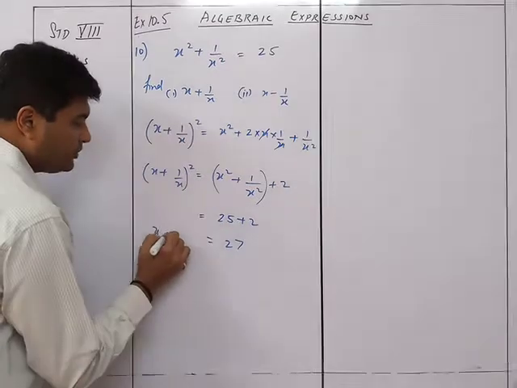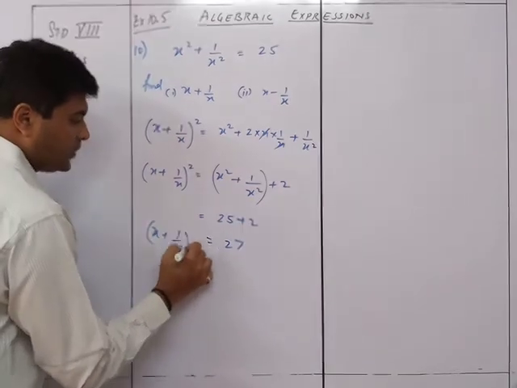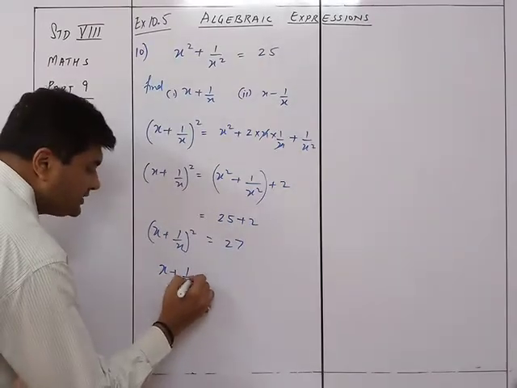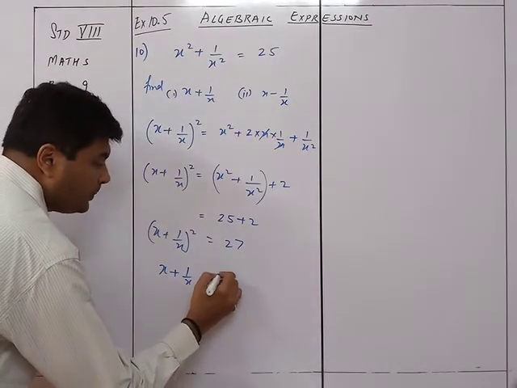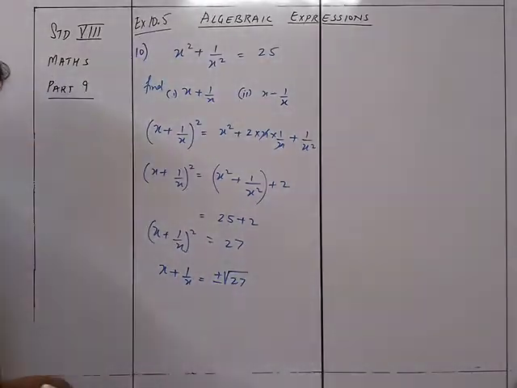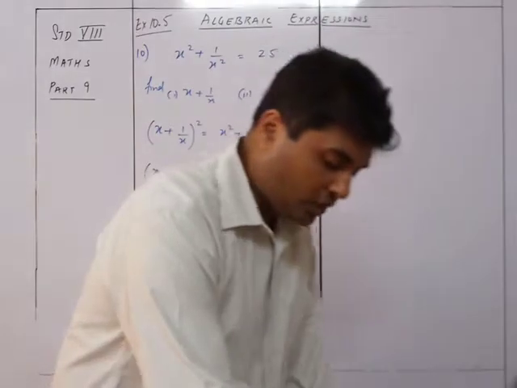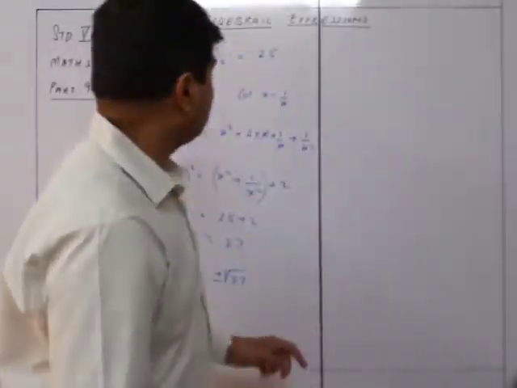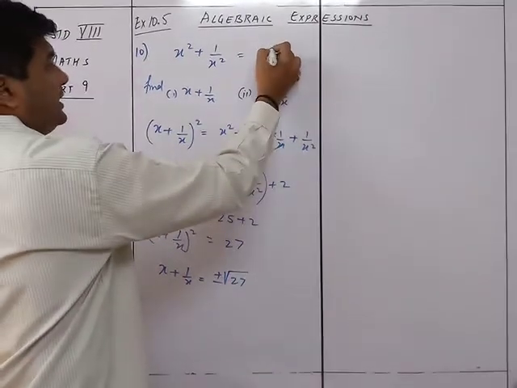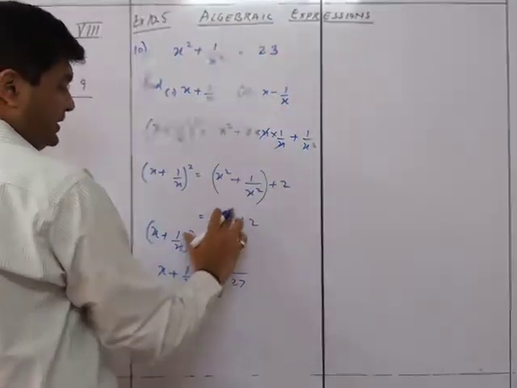So x plus 1 upon x the whole square is equal to 27. So therefore x plus 1 upon x will be equal to plus or minus root of 27. Okay, it is plus or minus root of 20. Okay, it's 23. Sorry, my mistake. This is 23. So this is 23.